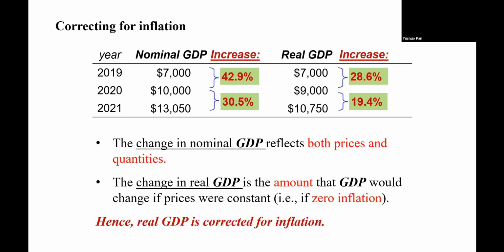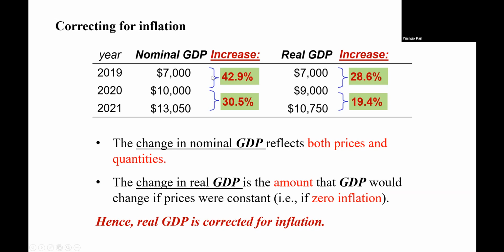For the real GDP's increase rate, you only count the quantity change. That's the real GDP growth rate. So that's the reason why the increase rate of the real GDP is usually higher than the nominal GDP.